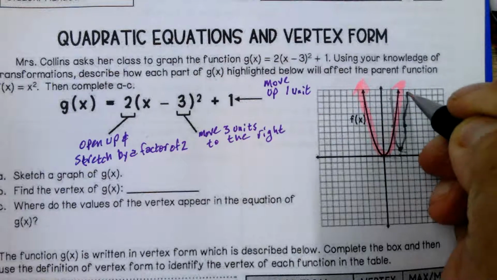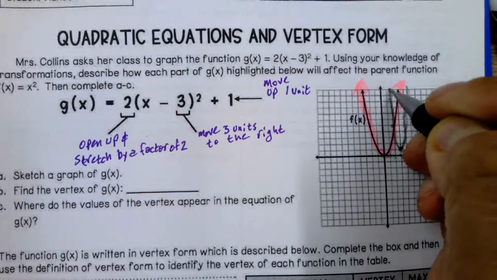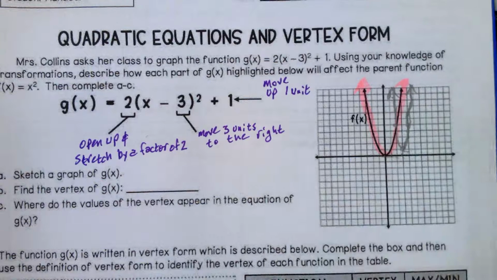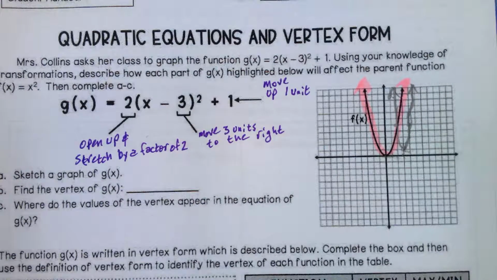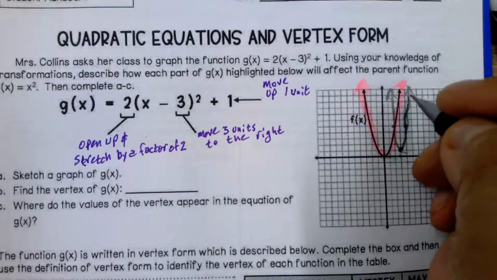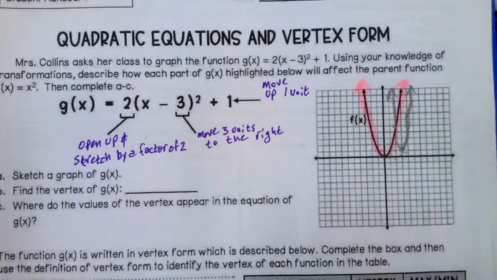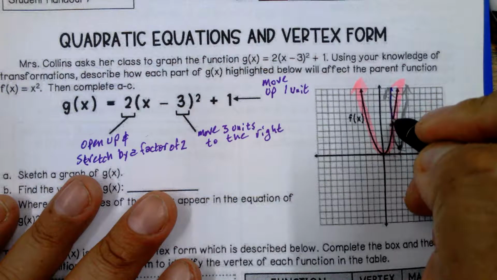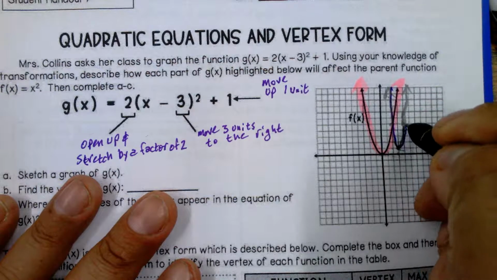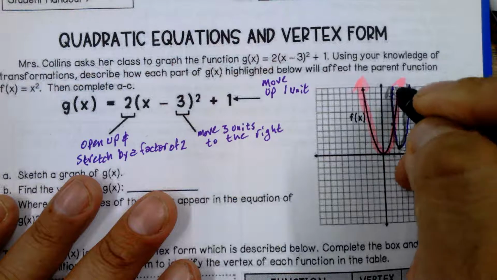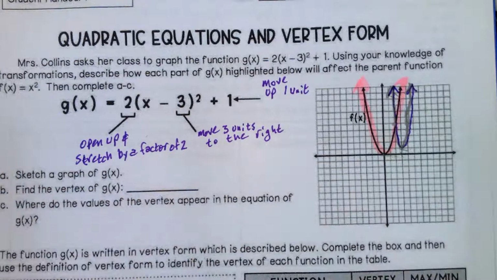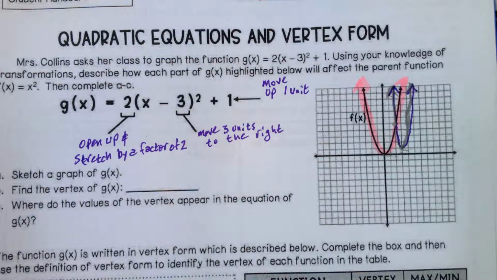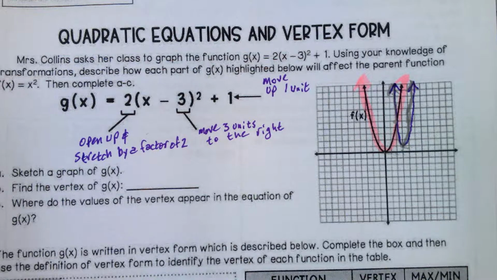It's going to stretch it like so. You probably could do a better job than I can right there. And remember, we know it's going to open up. Okay. So just by the knowledge we know, we can pretty much graph anything we get here.